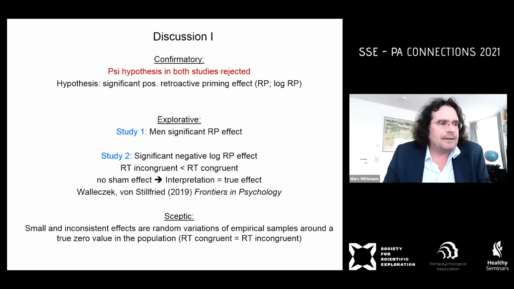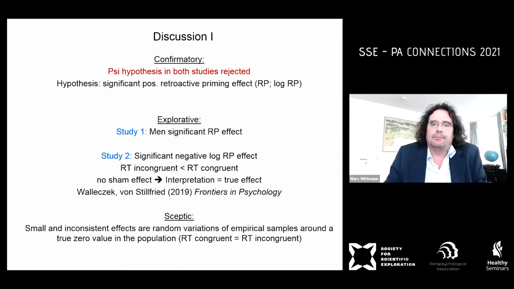So now discussing these results. First of all, if we're looking at confirmatory analysis, we have to say the psi hypothesis in both studies is rejected. The hypothesis was that we find a significant positive retroactive priming effect for RP or log RP, which we didn't find. So there was no positive effect. But then, explorative, what we found in study 1 was that men have a significant positive RP effect.